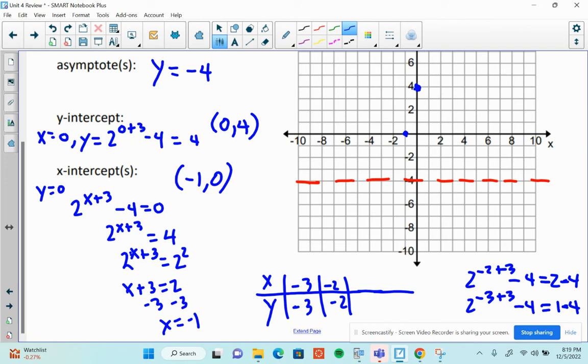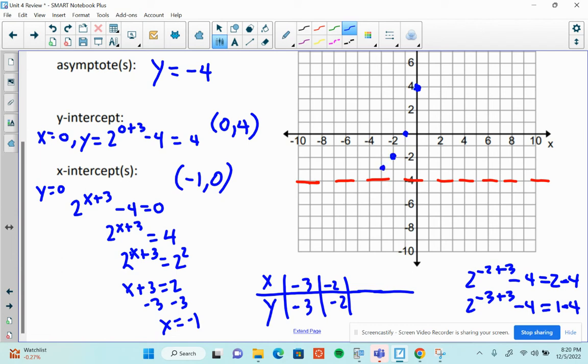Let me double check some of these values. Negative 3 plus 3 is 0. 2 to the 0 power is 1. 1 take away 4 is negative 3. We put in negative 2. We get 2 to the first. Take away 4, which is negative 2. So we have negative 2, negative 2. We have negative 3, negative 3.